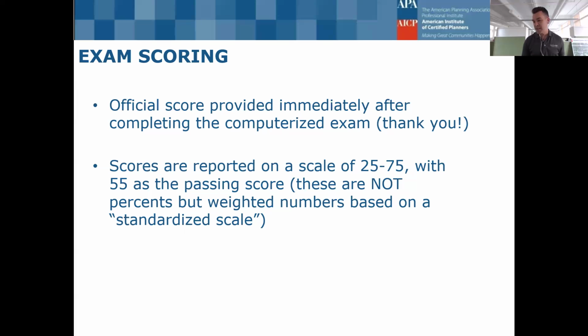If you do not pass, based on the different categories of the exam, you find out how many questions you answered correctly versus not in each category to help you study for future exams.